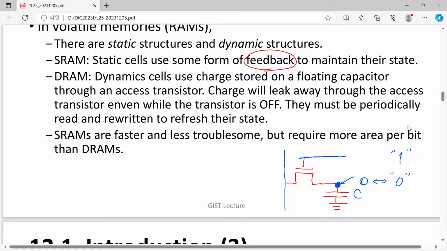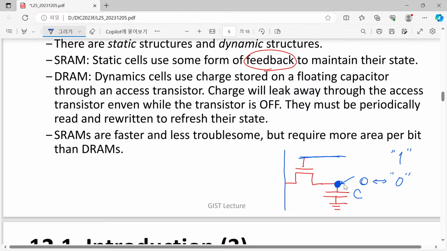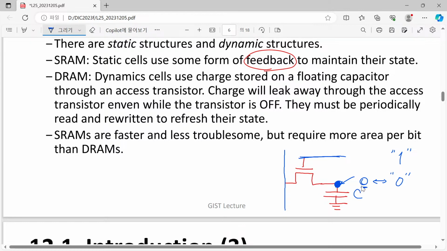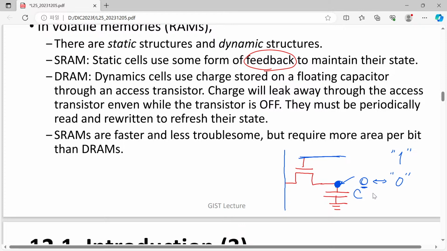Then how can you make such a thing? How can you make it 0? That is quite easy. Just leave it, and it will anyhow approach 0. Then how can you keep it at 1? How can you apply high voltage to this node? Of course, this capacitor works as just a disconnected line in the DC case.